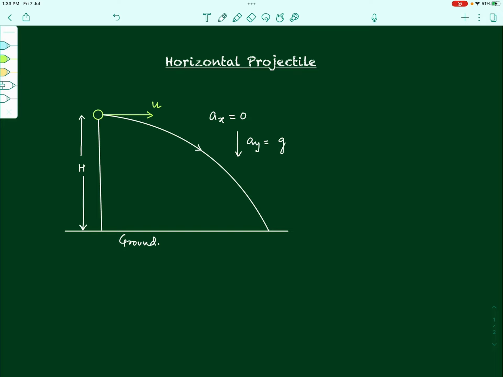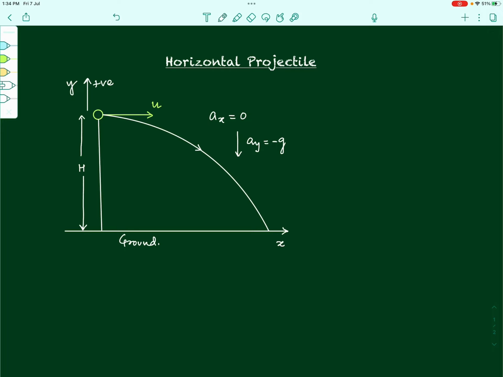And in case we take the upward direction to be positive, can we say that this acceleration will be minus g? Let us take the vertically upward direction as the positive y-axis. Then the acceleration along the y direction will be minus g, thereby telling us that the acceleration is pointing in the negative y direction. Along the horizontal, which we have taken as the x-axis, there is no acceleration.